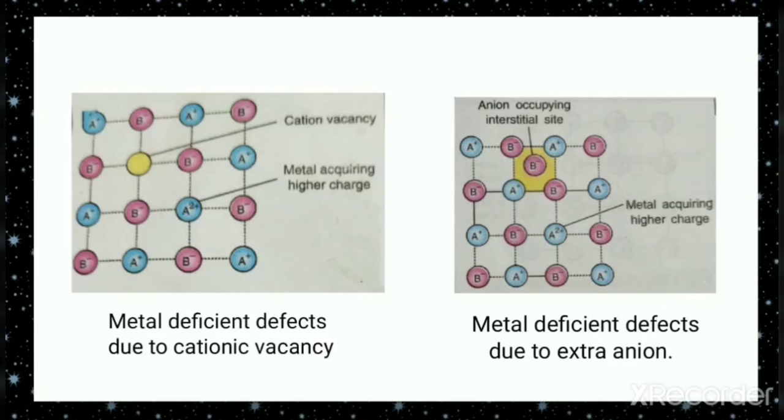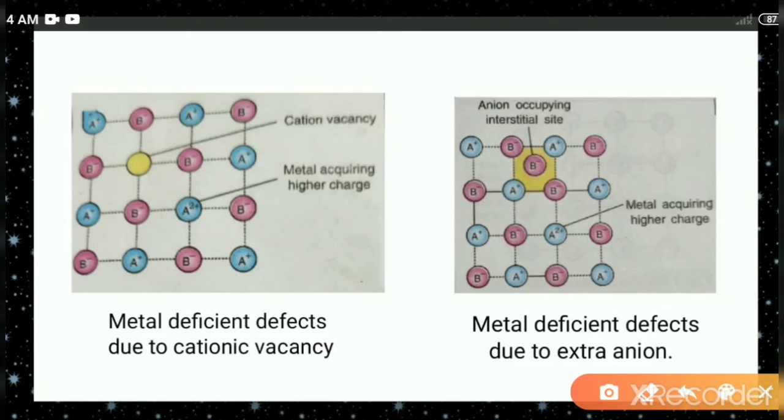Let us discuss metal deficient defect due to extra anion. As shown in the figure, one extra anion is there which occupies the interstitial site, which is shown here.